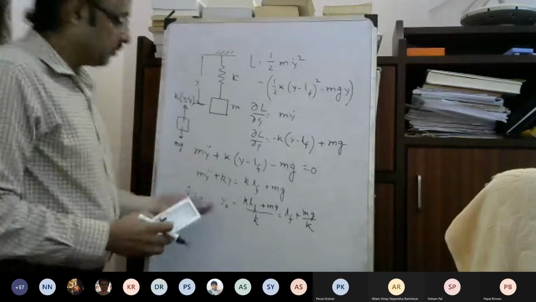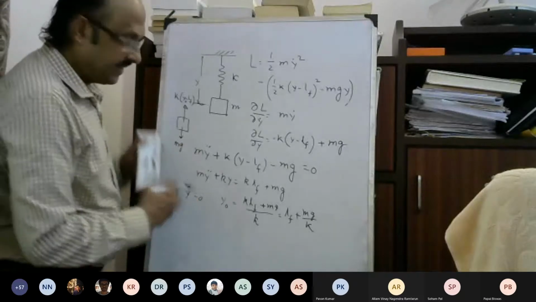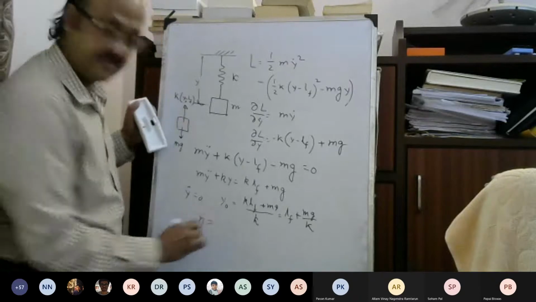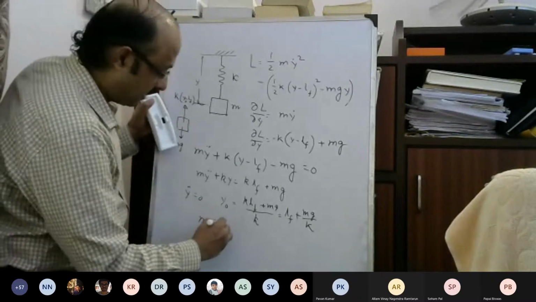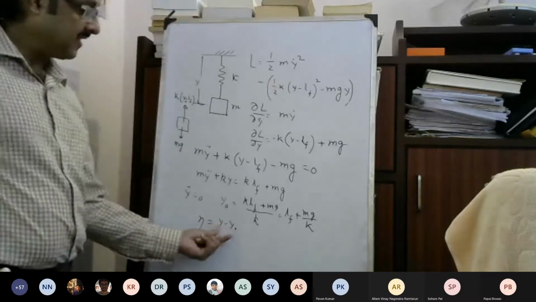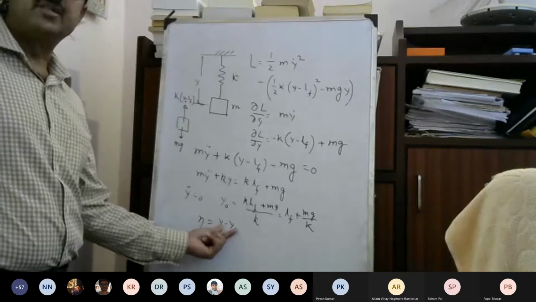Now we can define another variable, eta, which is equal to y minus y naught. This means that this is the displacement from the equilibrium position.